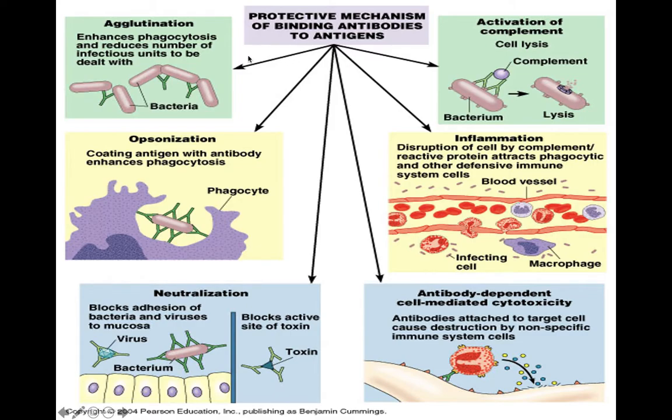Then we also have opsonization as another attack mechanism. Here, the antigen or the organism will be coated by the antibody, and such coating will enhance phagocytosis. Then we also have complement activation that will essentially result in cell lysis.